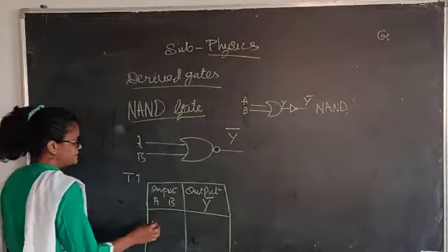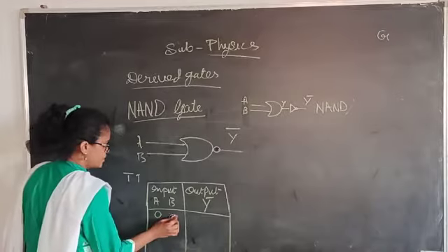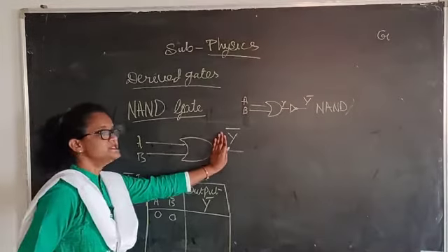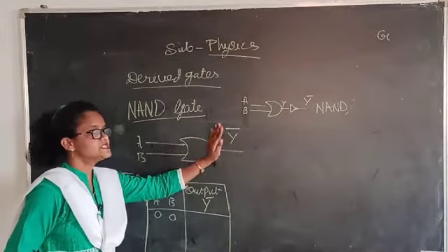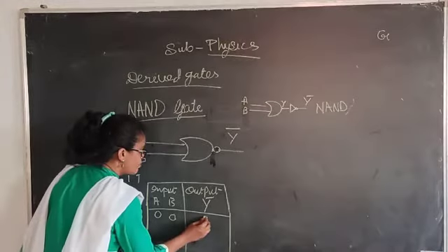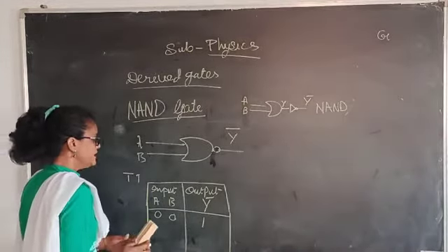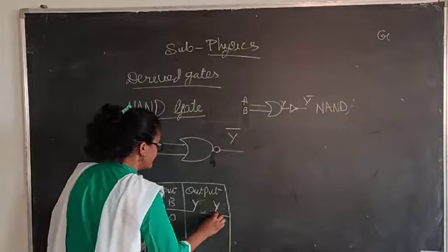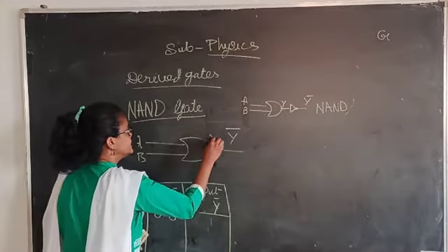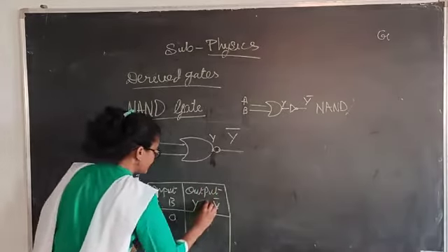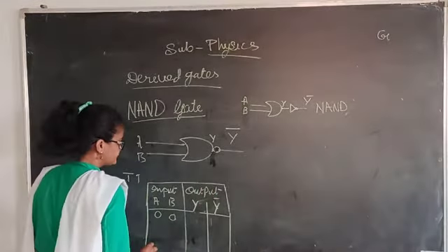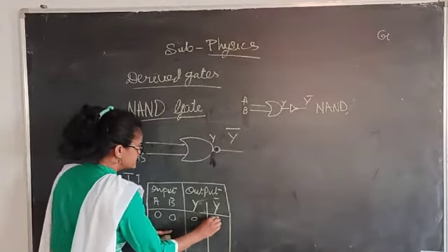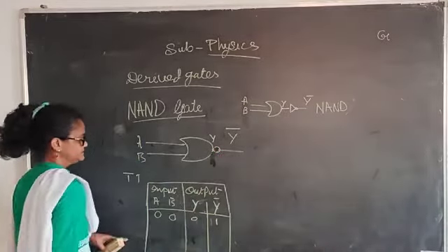So, if suppose A is 0, B is 0, AND of A, B is 0 and its negation is 1. Or simply what we can do, we can have two things. One is Y and then Y bar. So it would be easy for you to understand. 0, 0 is 0 and this Y bar is 1. This is the output of NAND.